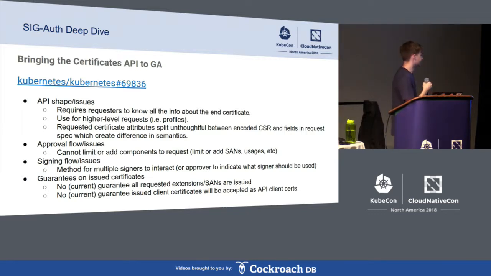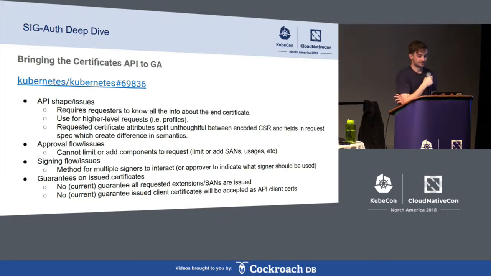We also have a very common feature request, which is to allow multiple CAs to sign certificates for this API and have requesters select a certificate from a specific hierarchy. And the way that the API is today, there's not really a great guarantee that an operator can have around what actually comes out of this API.